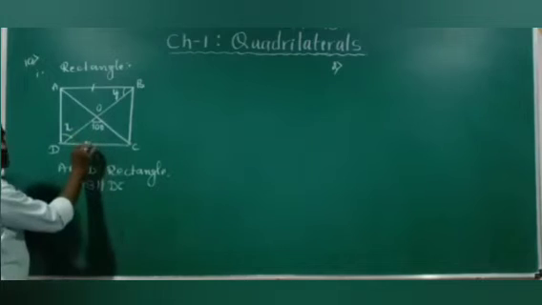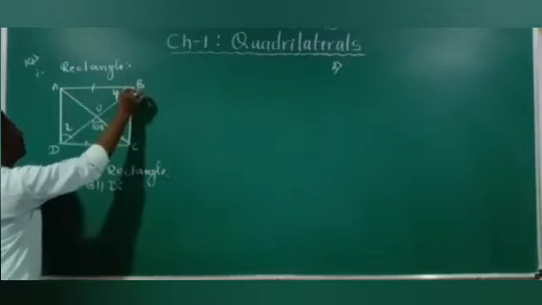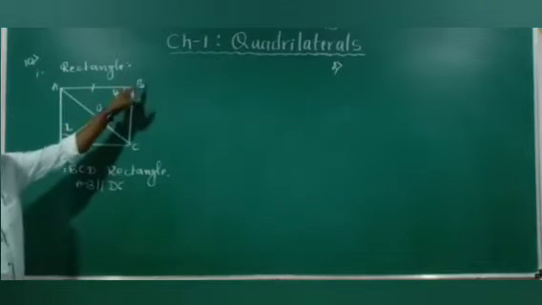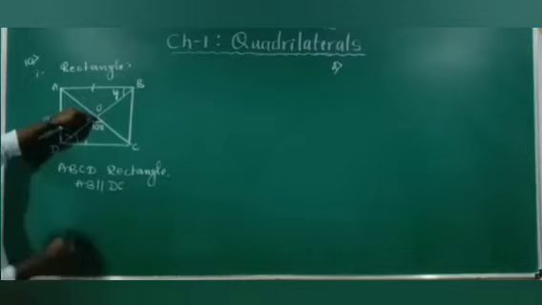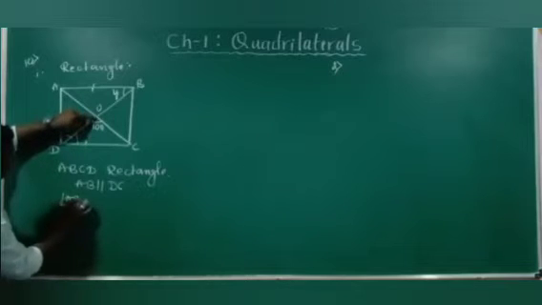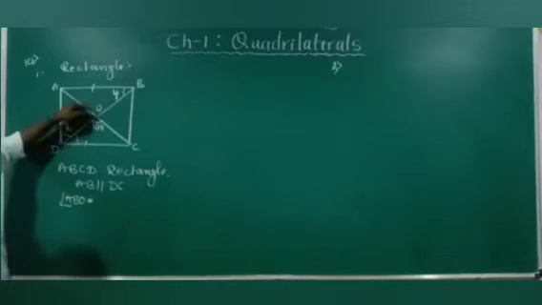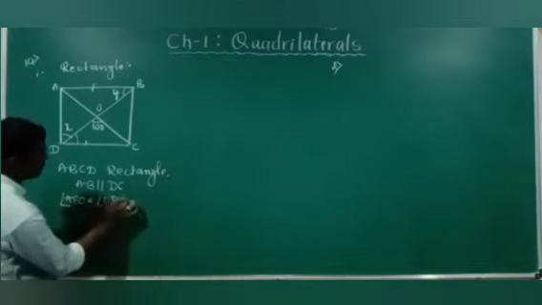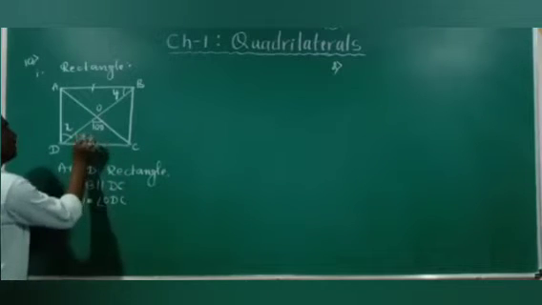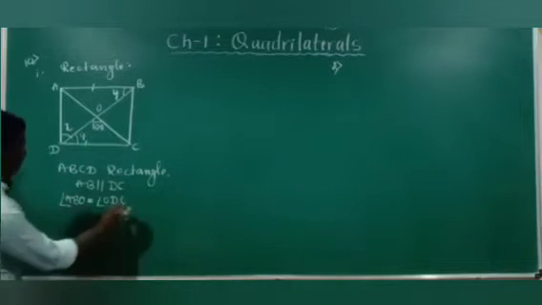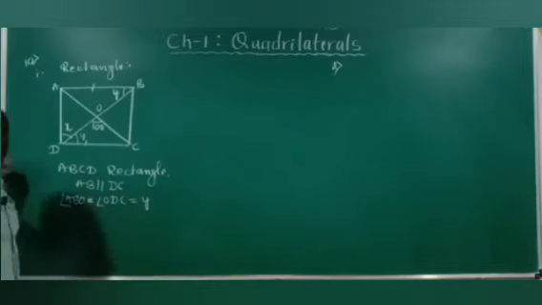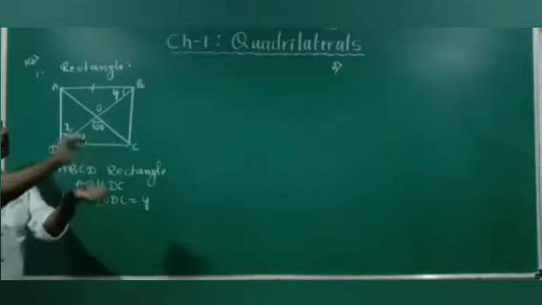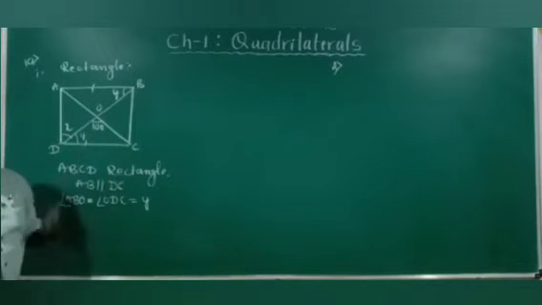If these two sides are parallel, we easily get the alternate angles. Angle ABO is equal to angle ODC. So now this angle becomes Y, right?